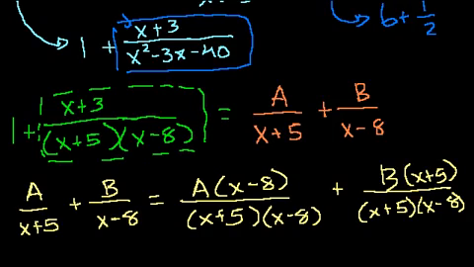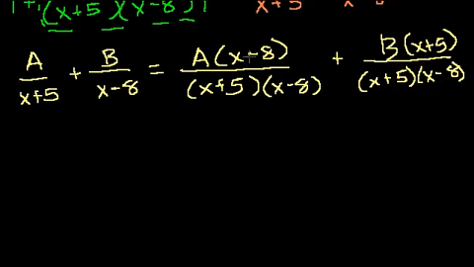Right? Important to realize that, look, this term is the exact same thing as this term if you just cancel the x minus 8 out. And this term is the exact same thing as this term if you just cancel the x plus 5s out. But now that we have an actual common denominator, we can add them together.